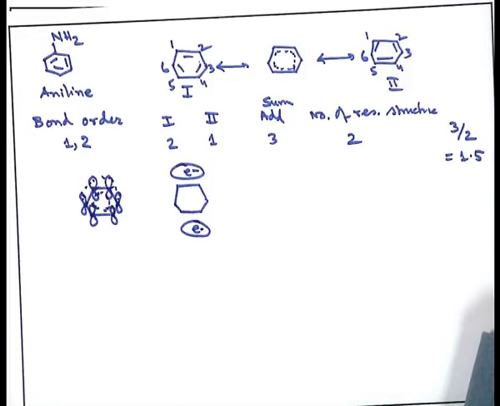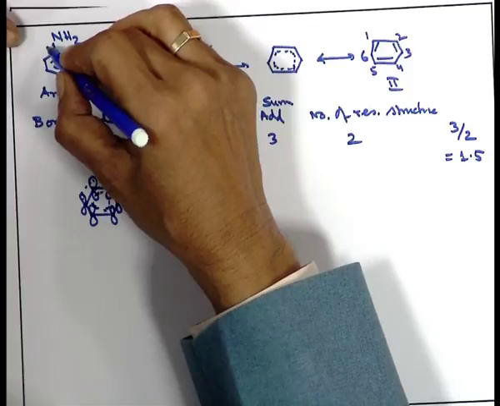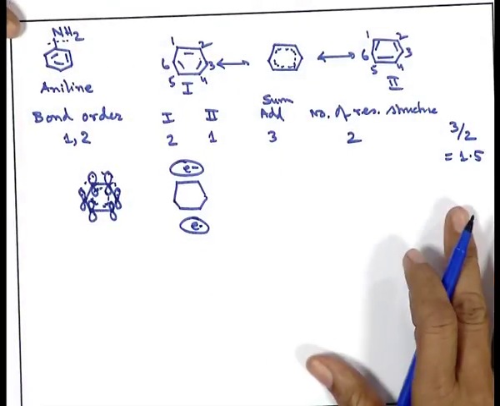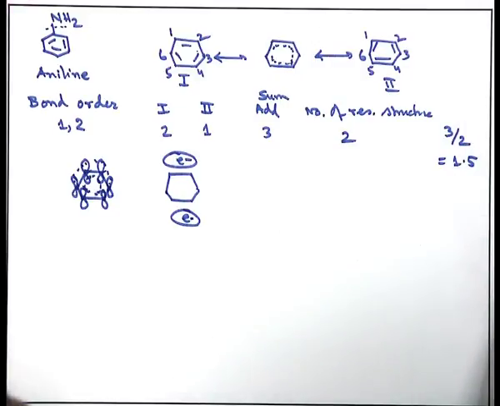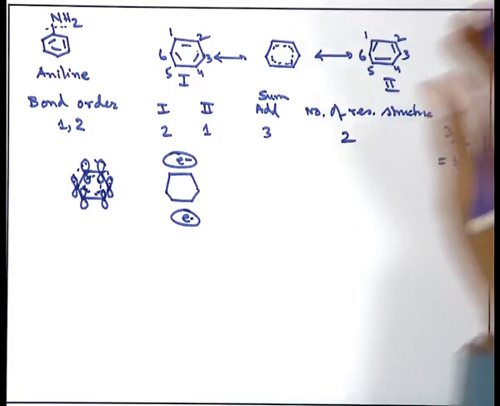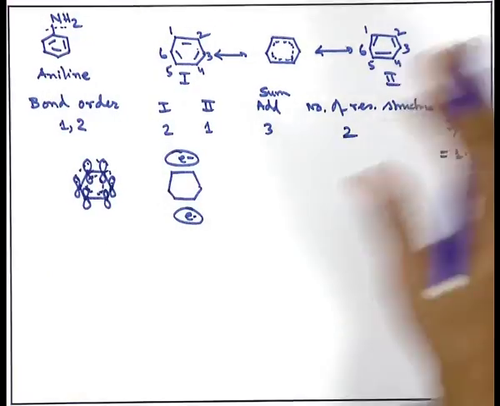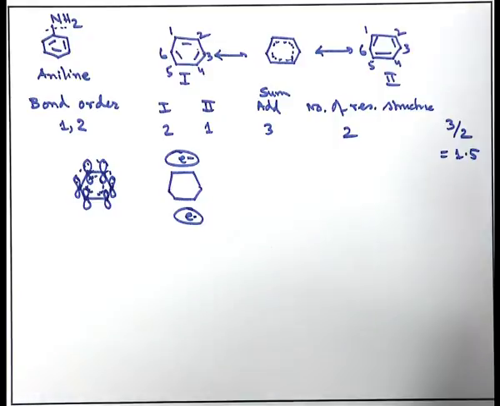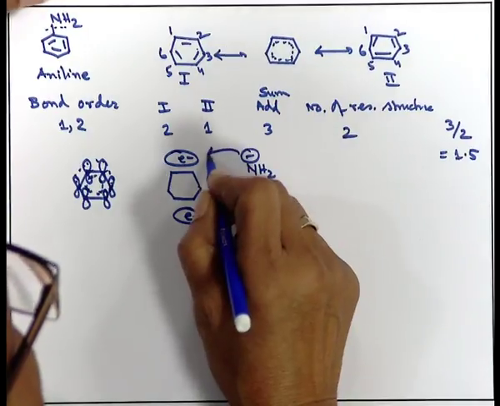Why did I write that? Because if you break the aniline molecule the way I did for alkylamine, you will end up with a very difficult problem. What is that? Benzene ring as the plus, NH2 as the minus. That is very difficult. Why? Because the benzene ring has an electron cloud on top and bottom, which is negatively charged. So, when you bring an NH2 minus to this, what will happen?